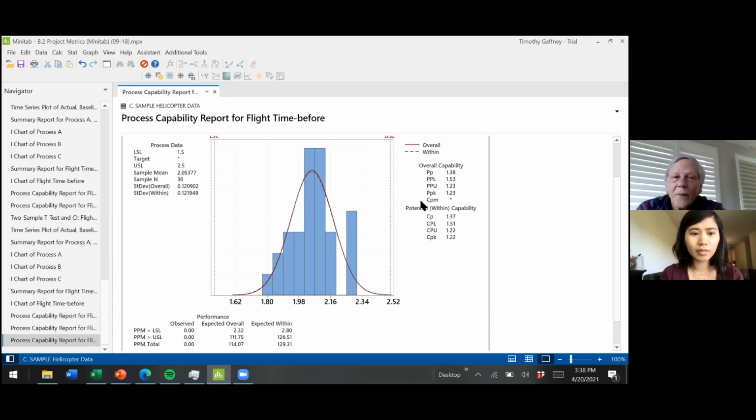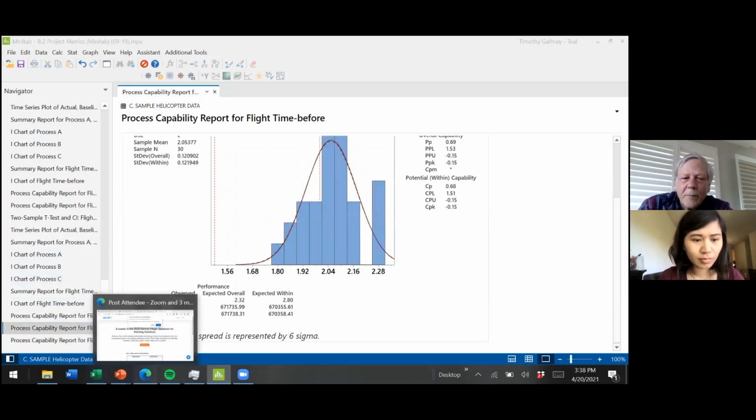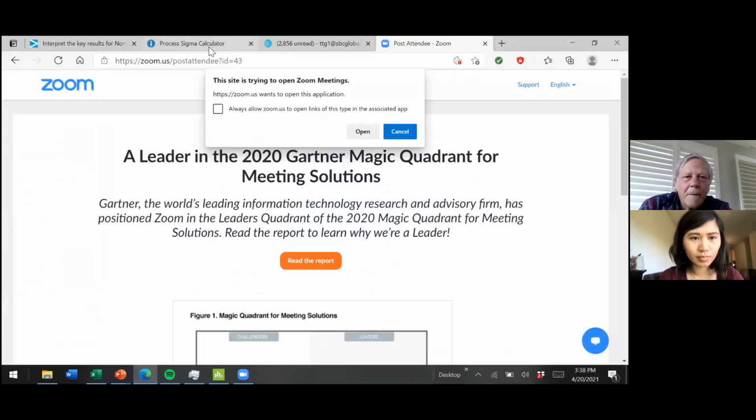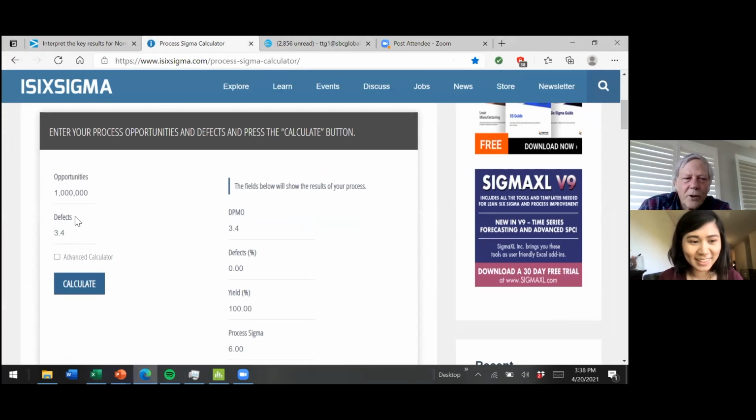And so basically, let's put the 671 into the I6 Sigma calculator. Have you ever used that? We use this in the fundamentals training. If we put in 671,738, something like that, you get a 1.06.